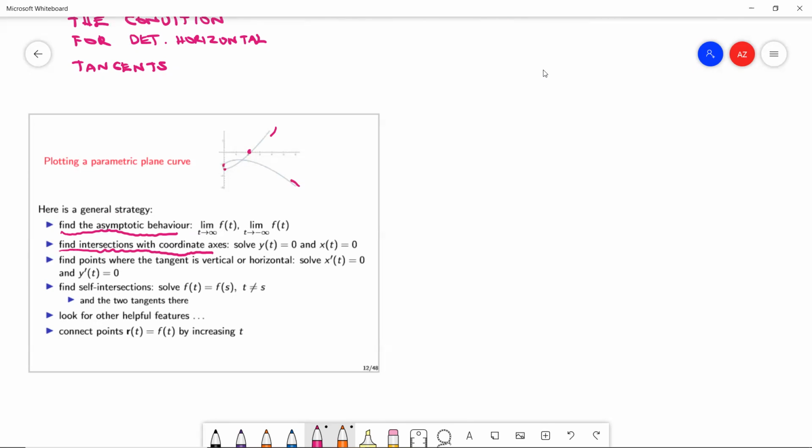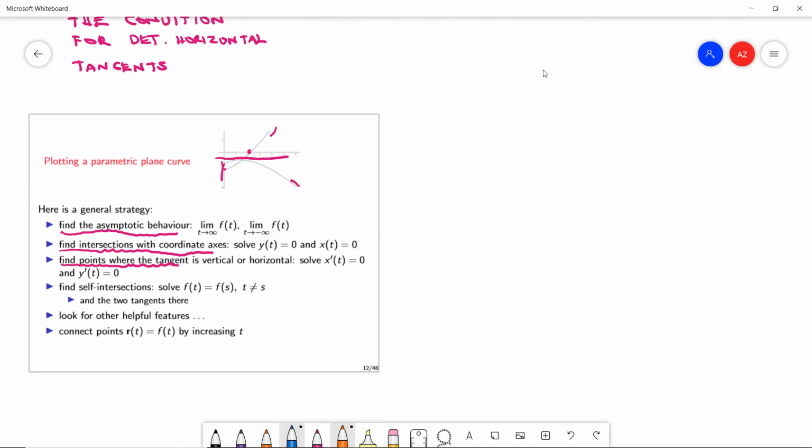Then it's also useful to determine those tangents which are vertical or horizontal, because when the tangents are vertical or horizontal, we get local extrema in the x direction or in the y direction. For horizontal tangents we get local extrema in the y direction, and for vertical tangents we get extrema in the x direction. So we would like to find points where the tangents are vertical or horizontal, and we know that we have to check where the derivative of x or the derivative of y is equal to 0.